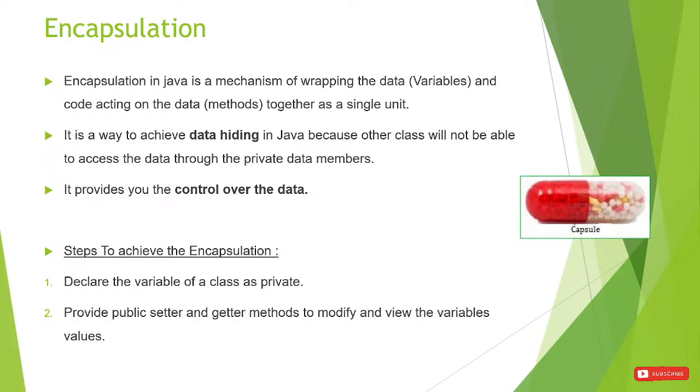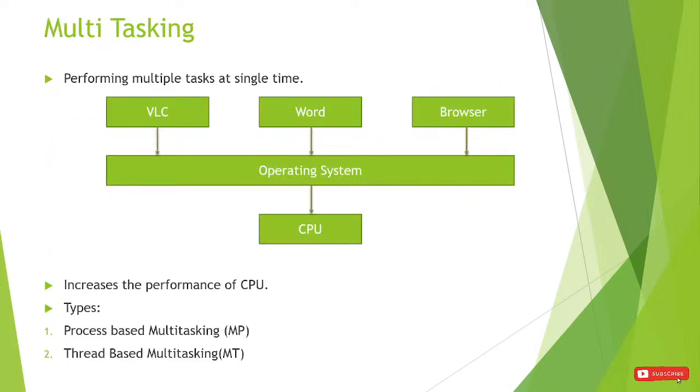The first one is that we have to make all the fields or variables private, and the other step is that you have to provide public setter and getter methods to modify or view the variable's value. Modify means you set the values, and view means you get the values. For that we use the setter and getter methods. So this is all about encapsulation.